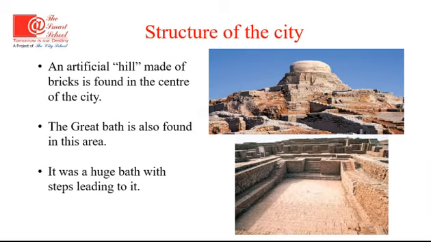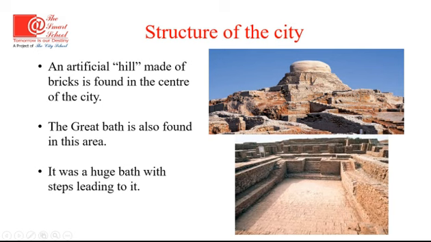An artificial hill made of bricks is also found in the center of the city. You can see that artificial hill in this picture. The Great Bath is also found in the same area where this artificial hill is located. It was a huge bath with steps leading to it. You can see this is a huge bath and these are the steps which are leading to this bath.